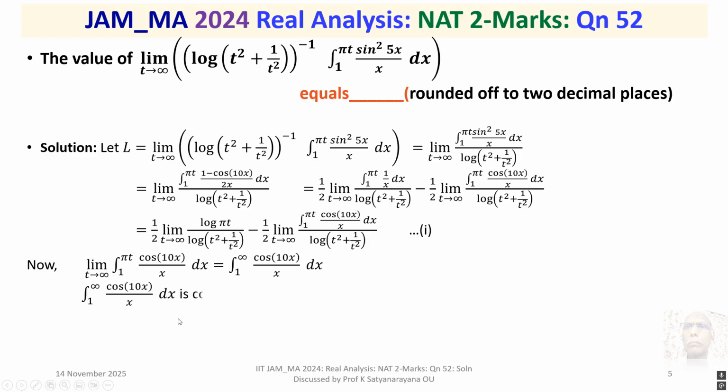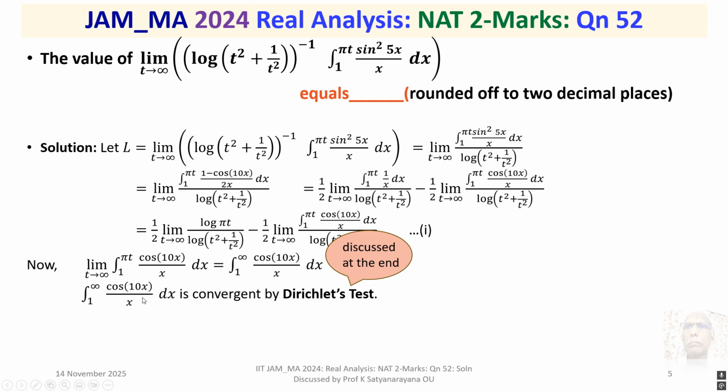So this integral is convergent using a famous test called the Dirichlet test. What this Dirichlet test is, and how we have applied it and said it is convergent, I will explain to you at the end of this problem.